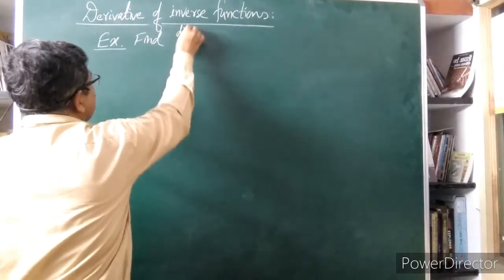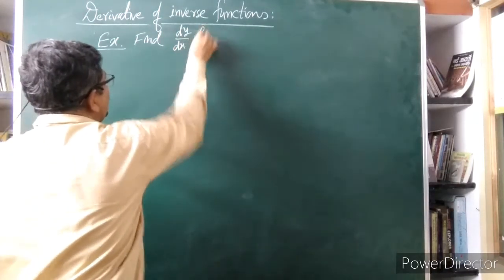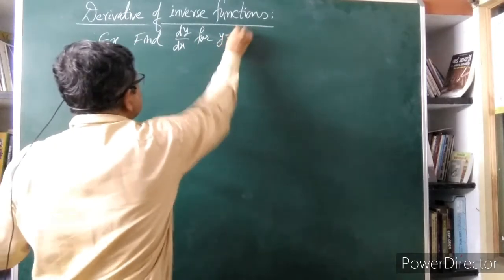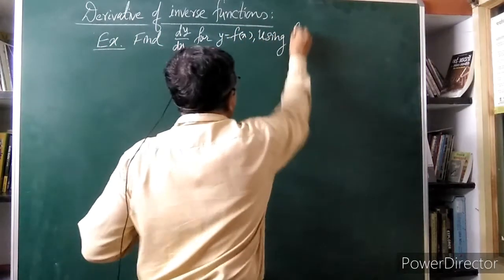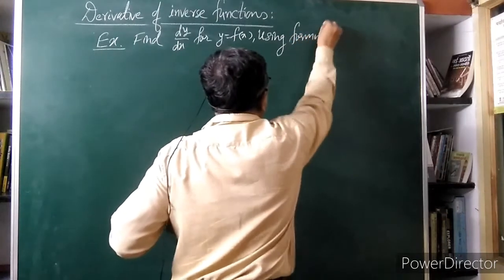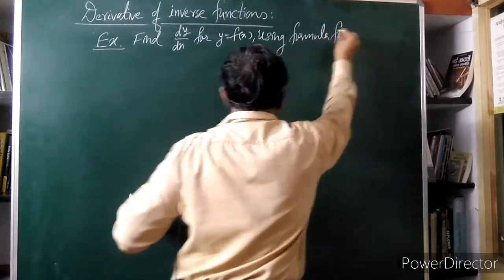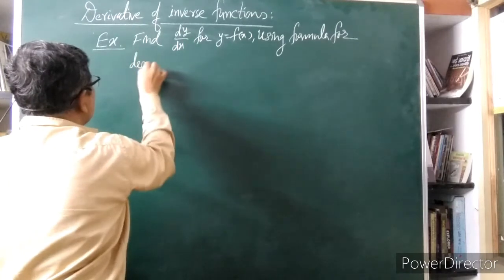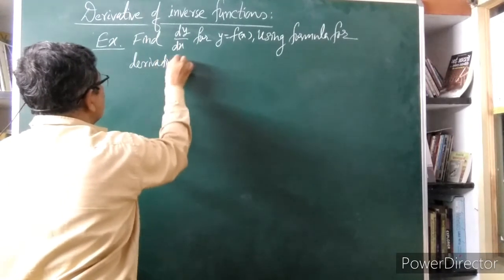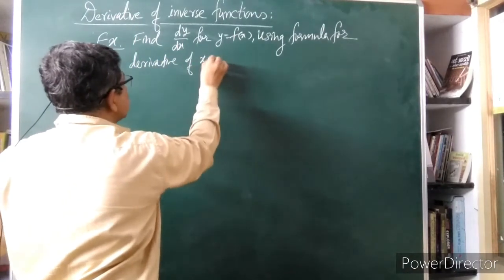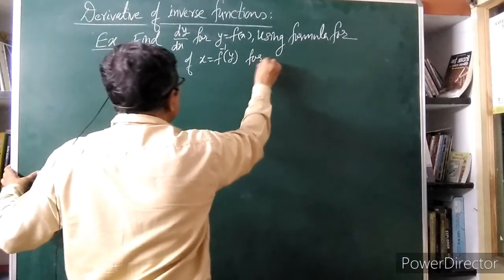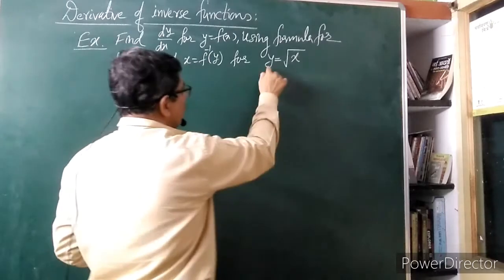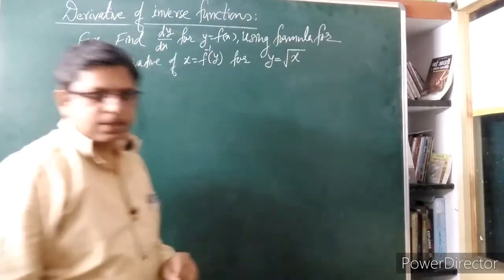Find dy by dx for y is equal to f of x using the formula for derivative of x is equal to f inverse of y, for y is equal to root x.